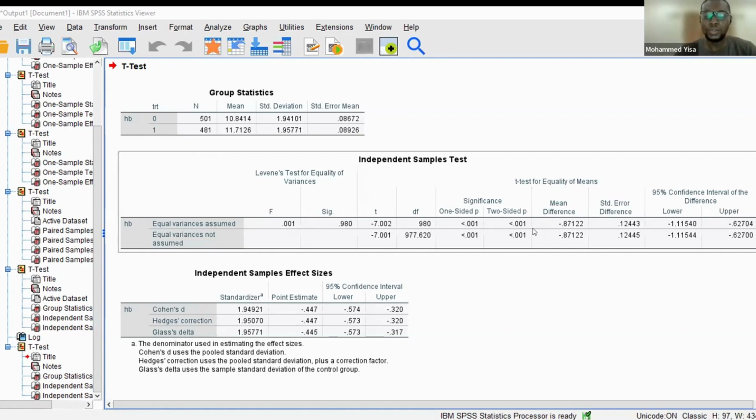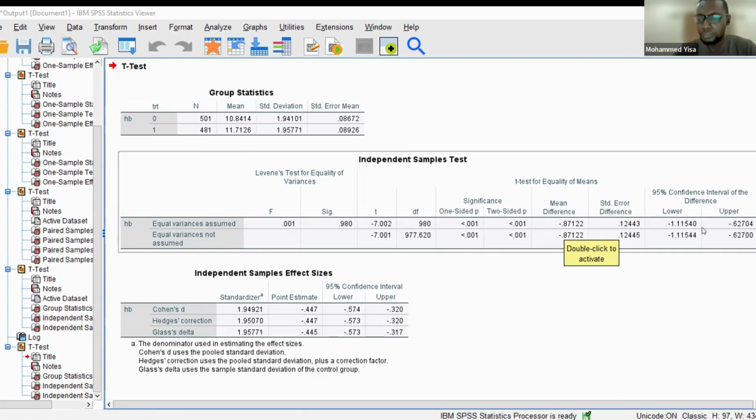So on average, those who were treated had hemoglobin 0.8 gram per DL higher than those who were not treated.